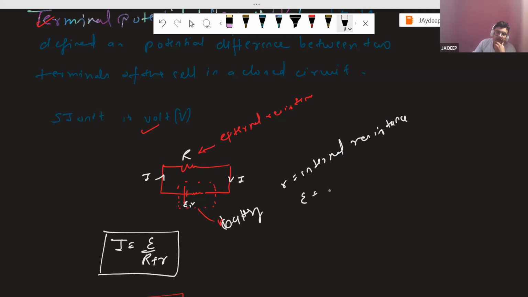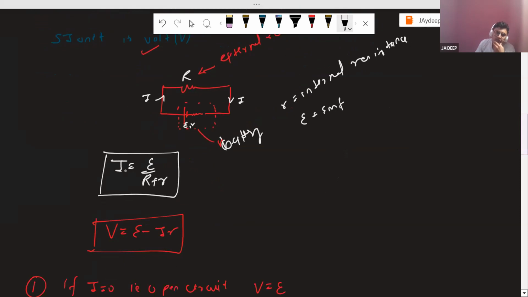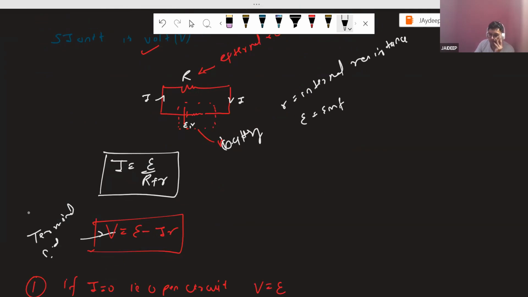E is the EMF. If we calculate the total current in the circuit, I equals E over total resistance. E is the EMF, that is the total potential difference, the EMF of the cell over total resistance. This is the terminal potential difference.